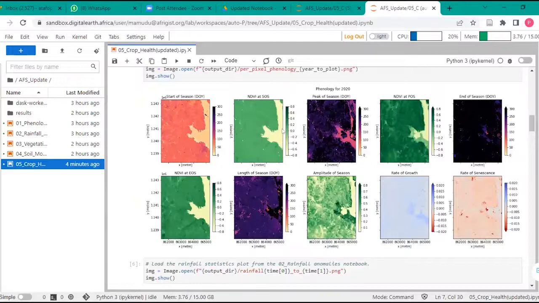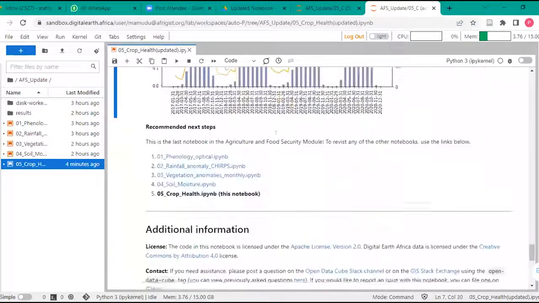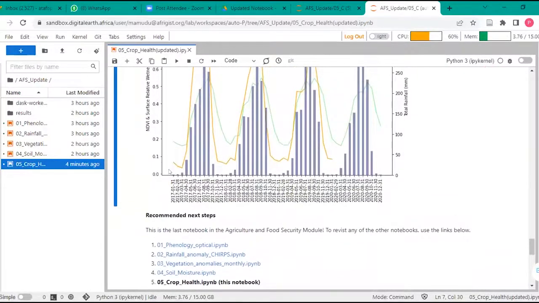So it's possible that even in the drier seasons, there is some kind of irrigation farming and some supply of water. That's why we see some value for surface wetness, even though it's the period when there is no rainfall. We still have surface wetness of at least 0.1, which indicates that there must be some agricultural activity still going on even in the dry months. And that is true for all the years within the study.